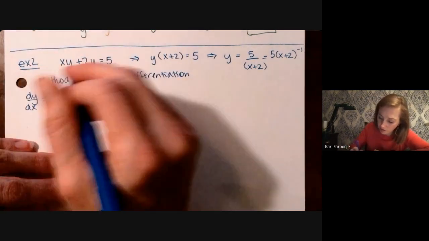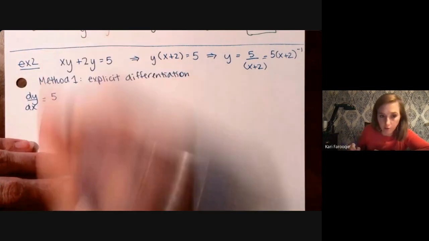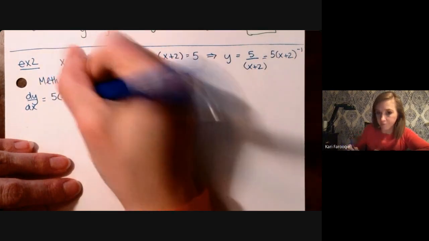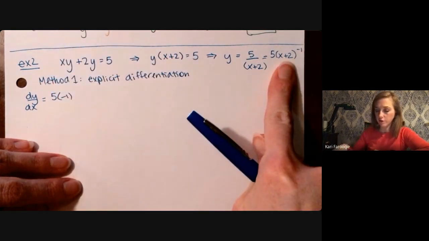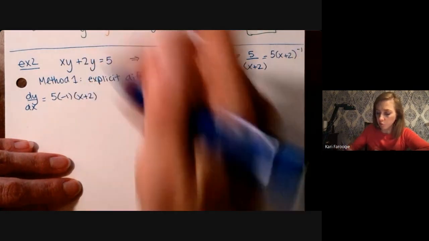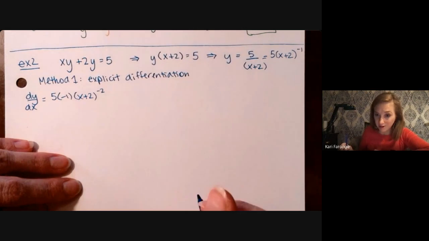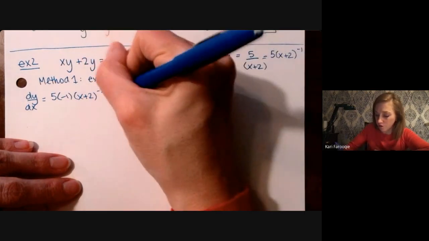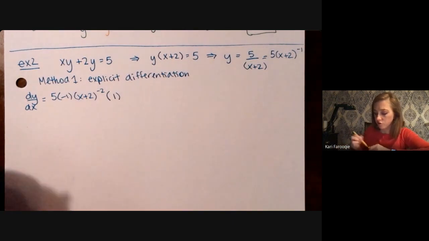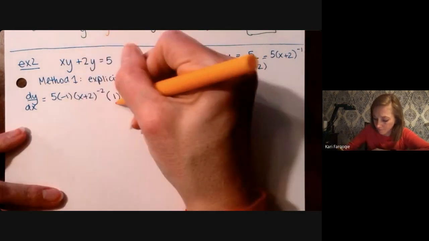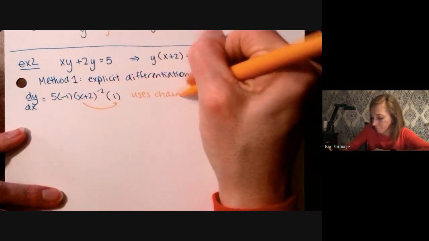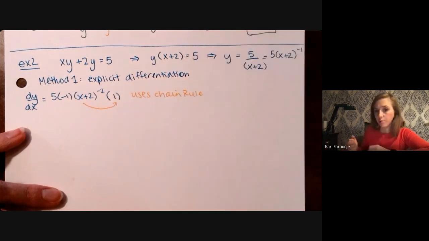So I'm going to take the derivative by leaving this 5 right where it is. I'm going to bring the exponent down. I'm going to rewrite the inside function, leave it just as it is. Decrease the exponent by 1, so you're going more negative. And then multiply by the derivative of the inside function. This uses the chain rule.